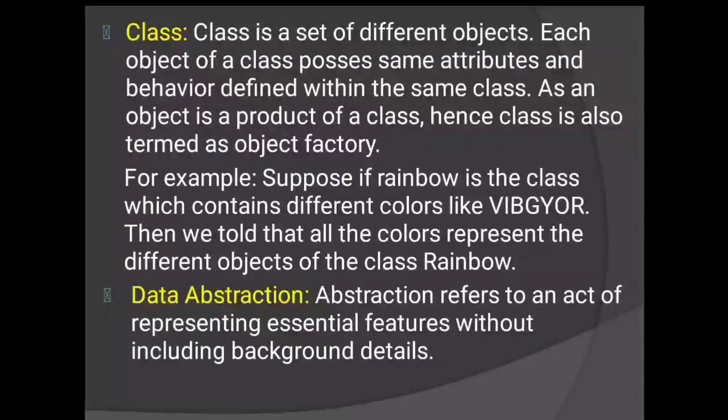That is why it is called an object factory. For example, suppose rainbow is the class which contains different colors like violet, indigo, blue, green, yellow, orange, red. Those are all the colors present in the rainbow. Then if we declare rainbow as a class, these different colors will be the objects of that rainbow class.